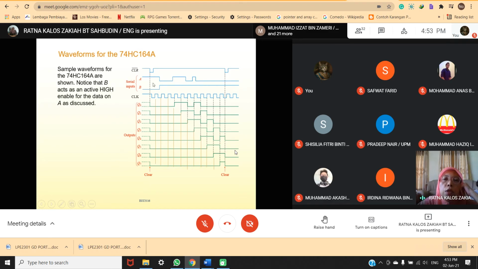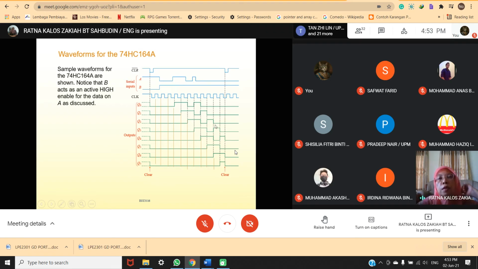This part is clear because this is active low clear, so it starts with clear, and until here nothing happens. Then the data will go in at this part, when B is high. That's why you have here high, low, high, high, the same as what you have in A.